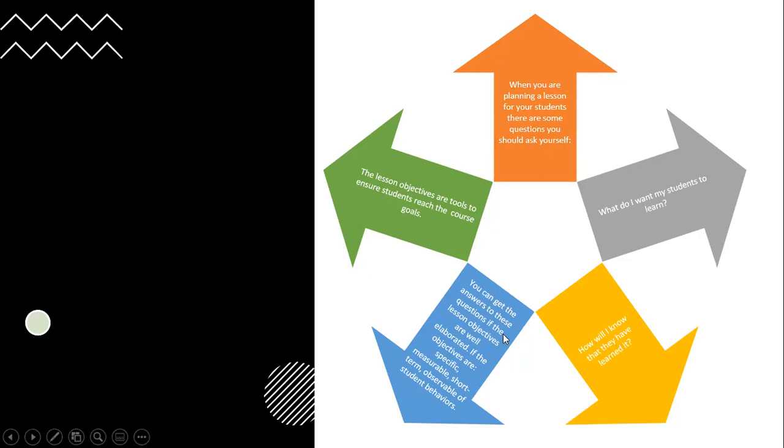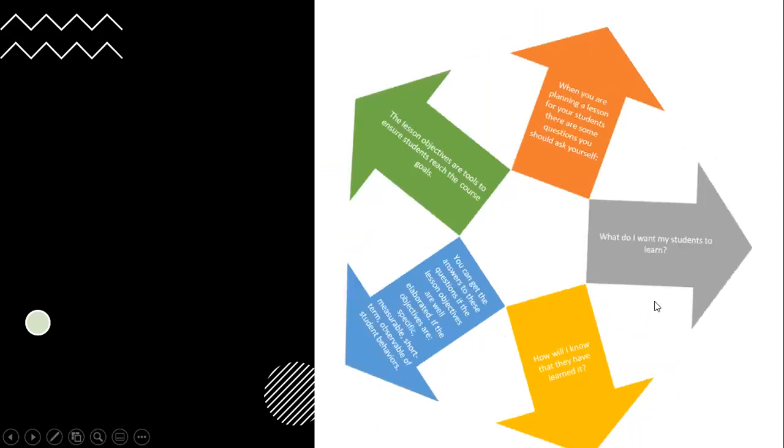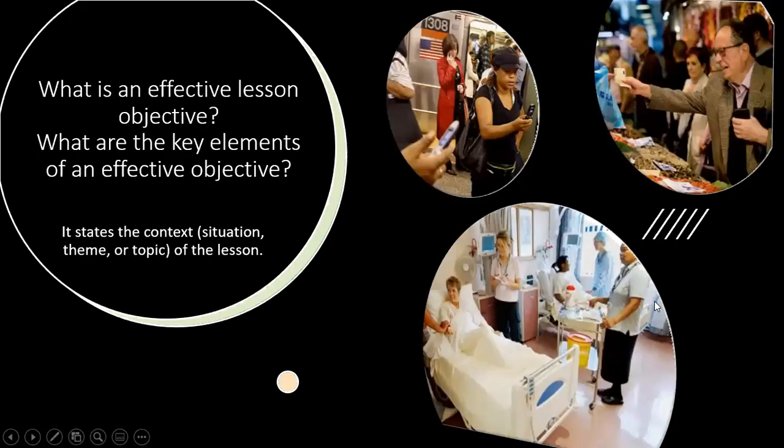Then you can get the answers to these questions if the lesson objectives are well elaborated. If the objectives are specific, measurable, short-term, observable of students' behavior. And the lesson objectives are tools to ensure students reach the course goals. Okay. Then what is an effective lesson objective?